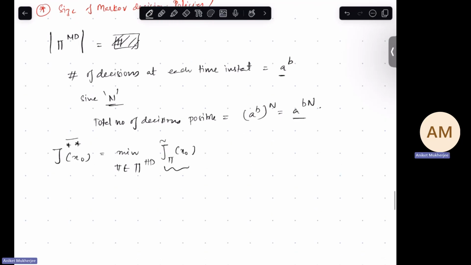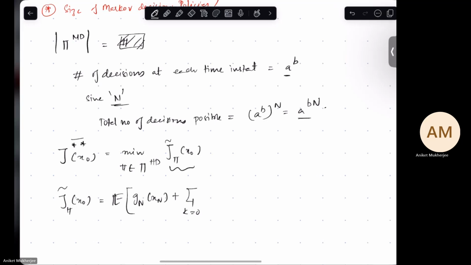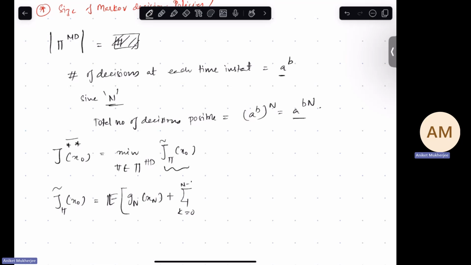And this remains the same. This is J pi x0, expectation Gn xn, n minus 1.